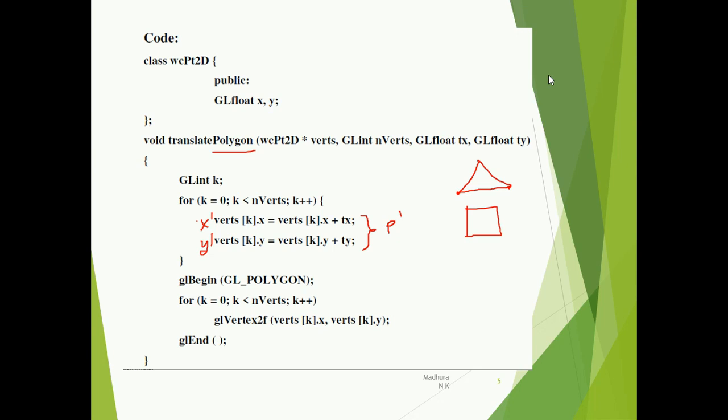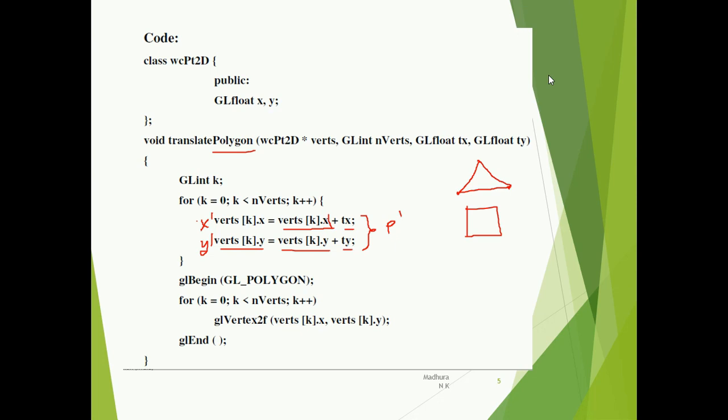That is equal to x plus, the previous original x value you can say, plus the translation distance, that is tx. And next, the new y value you want to calculate, that is equal to old y value plus the translation distance ty. Okay, so this will continue until k is less than number of vertices.